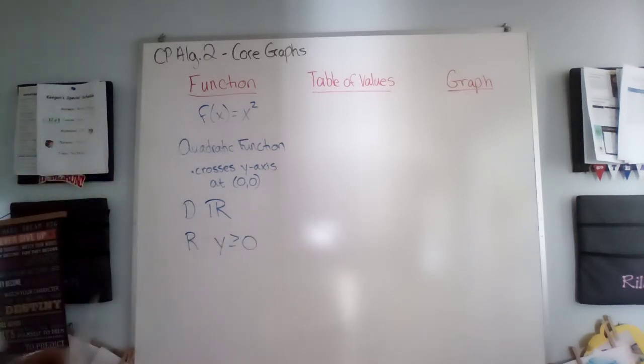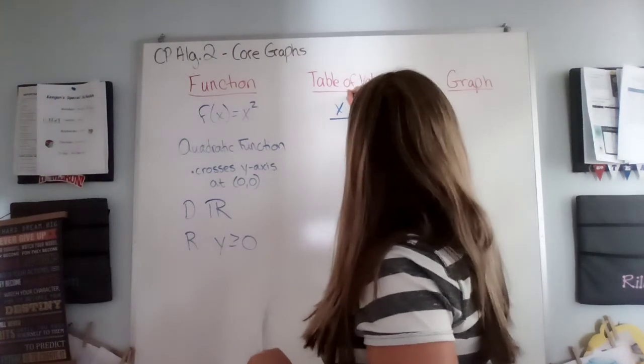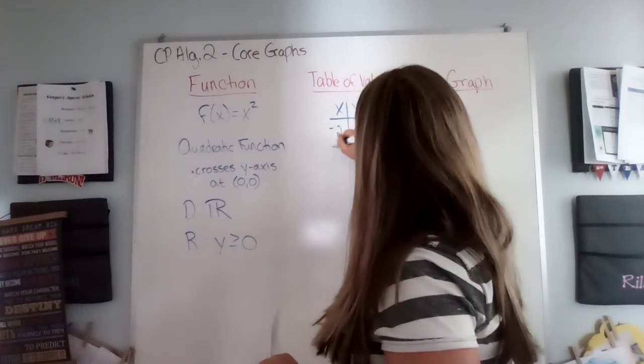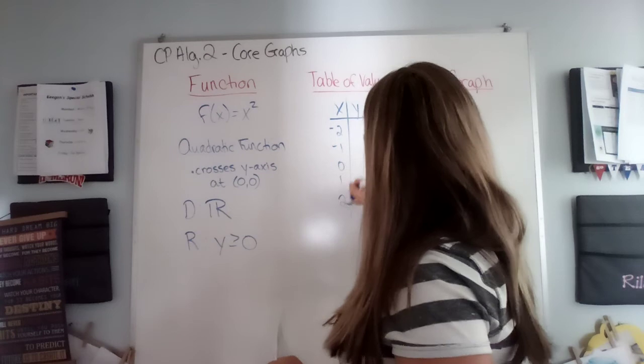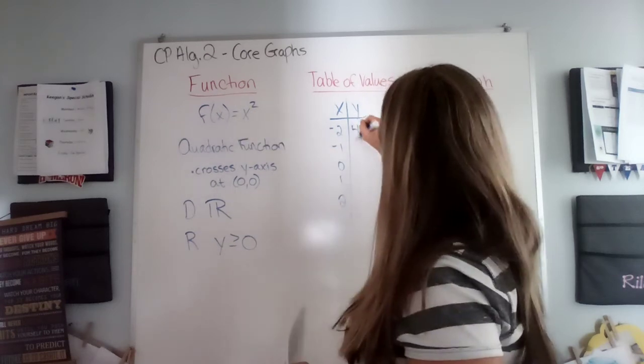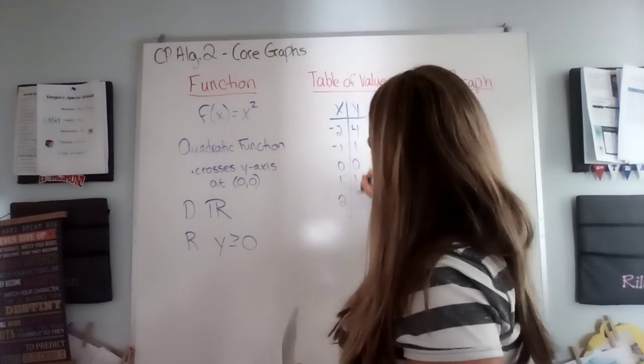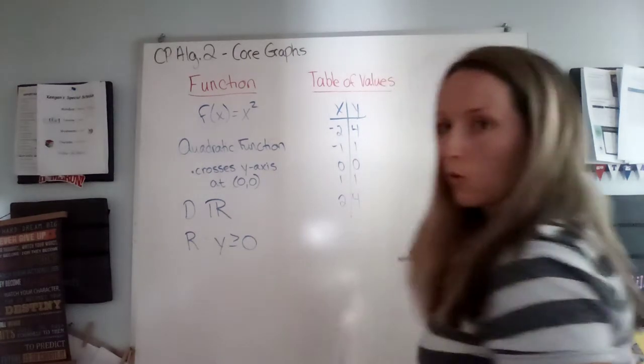Okay. Your table of values, we'll again take a look at -2, -1, 0, 1, 2. So if your input is -2, -2 squared is +4. -1 squared is 1. 0 squared is 0. 1 squared is 1. 2 squared is 4.